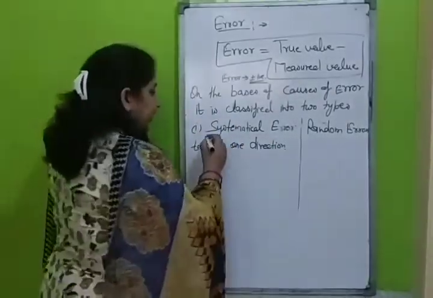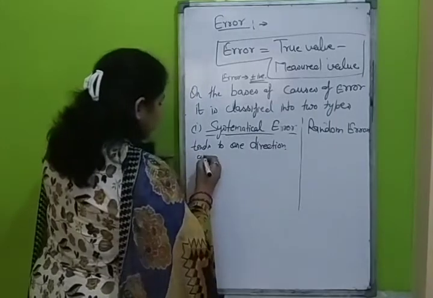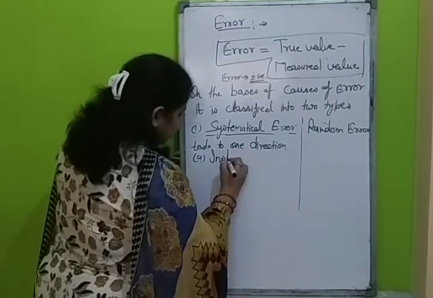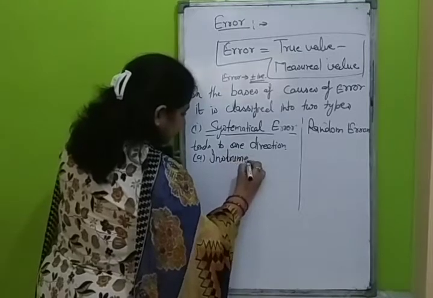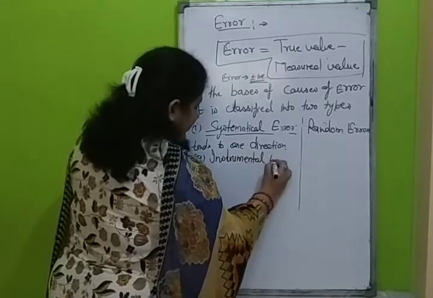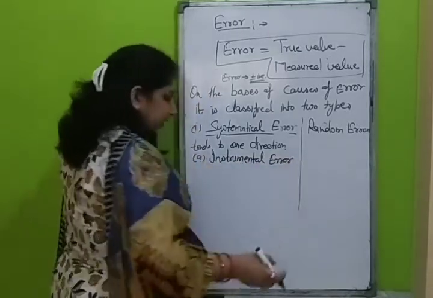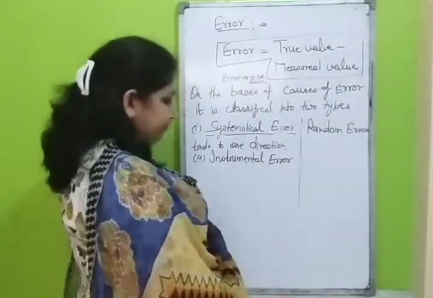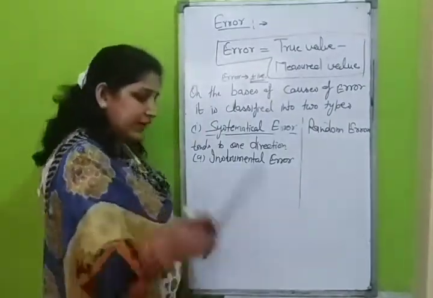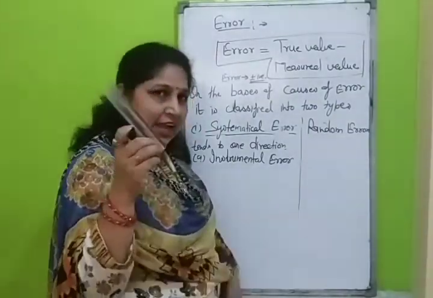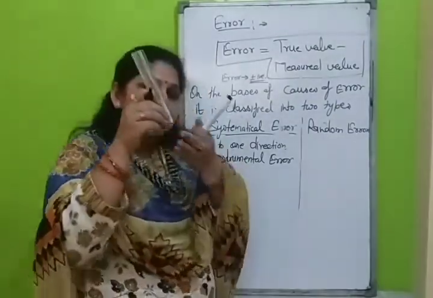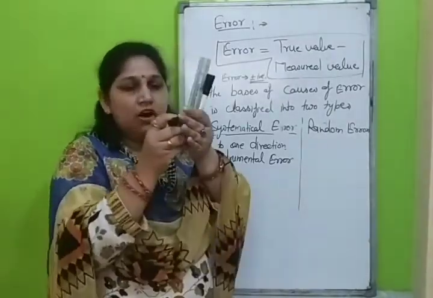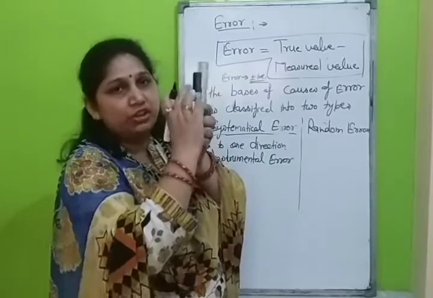These systematical errors are of three types. One is instrumental error. Instrumental error, as I told you now, that if we take a scale so many times to measure the length and put the scale at the first point at the base of this, then always we take the length as shorter length.